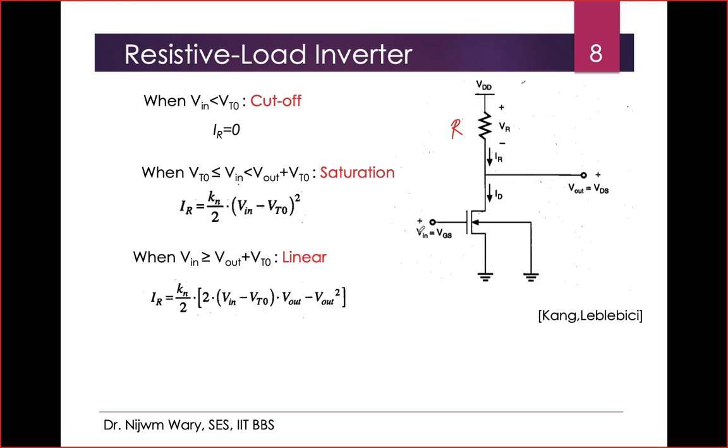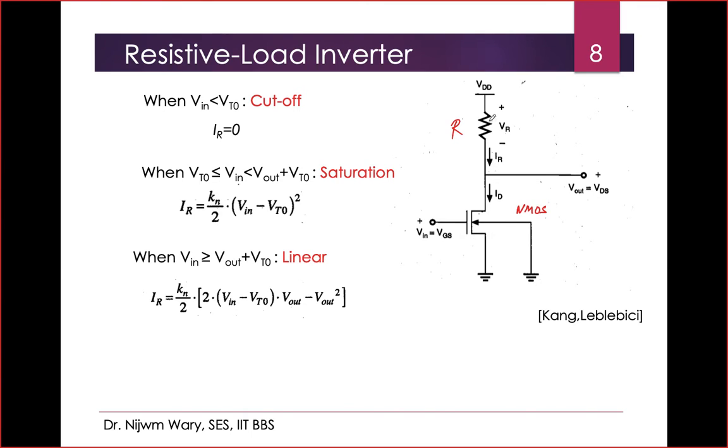Whenever this input is very small, less than the threshold voltage of this NMOS device, VT0 (note that this is not the threshold voltage of the complete inverter circuit), it is in the cutoff region.